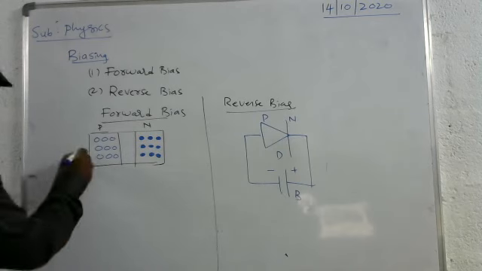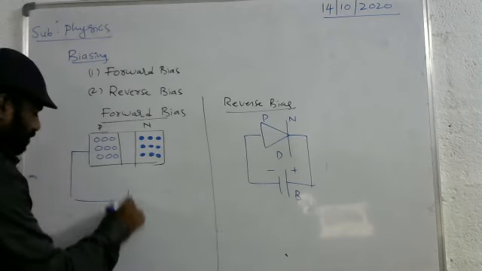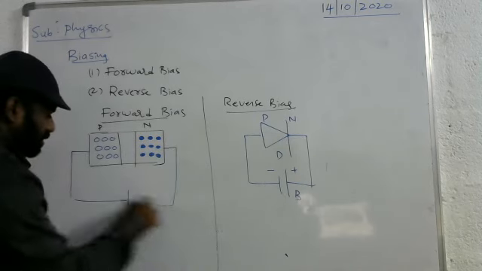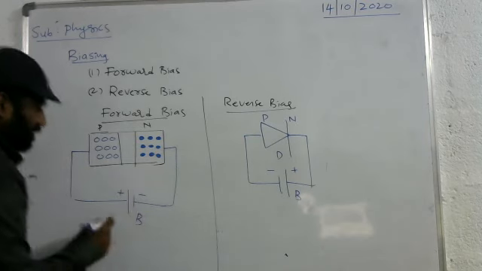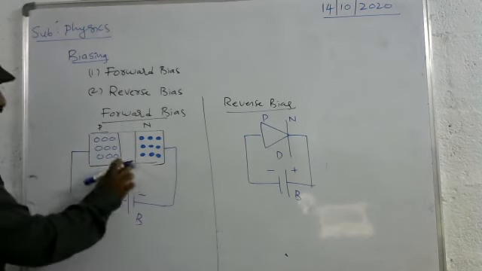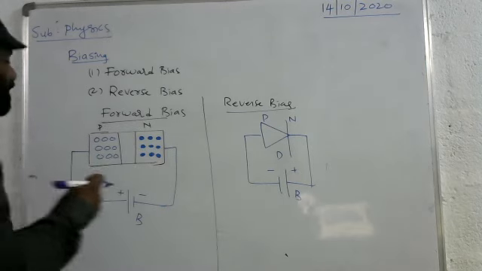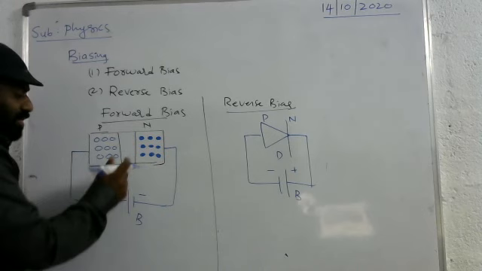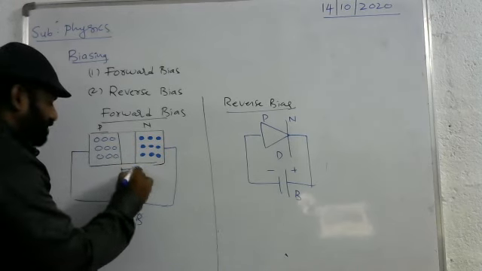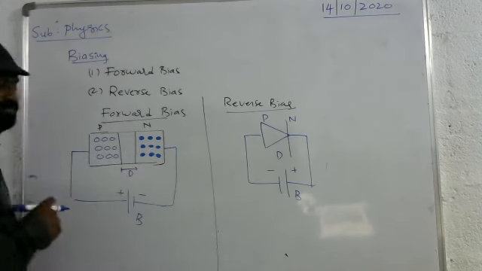And this is connected to the battery, positive and negative. This is the battery. What is this? This is the barrier potential and this is the depletion layer. This is D. D stands for depletion layer.